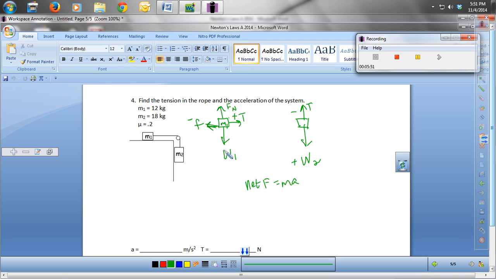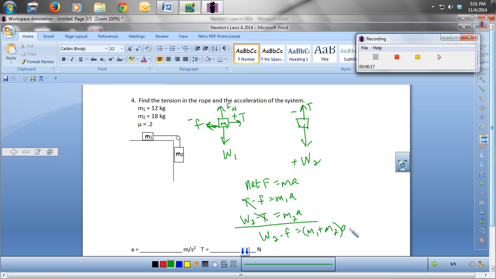I'm going to start with tension minus friction is equal to M1A. I did M1 first. For the second one, I have W2 minus T equals M2A. I'm going to add those up. My tensions must cancel.